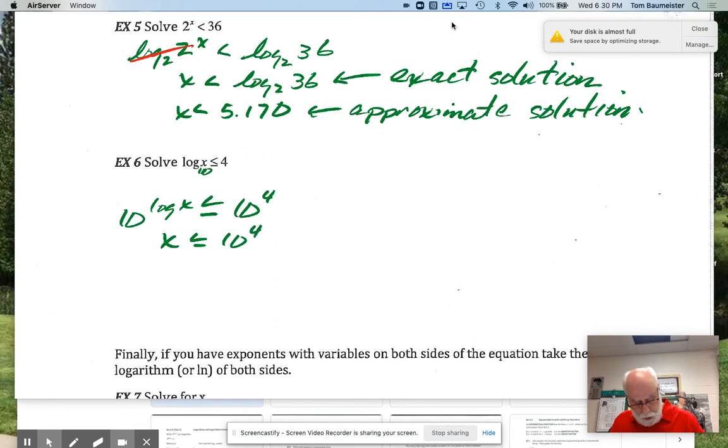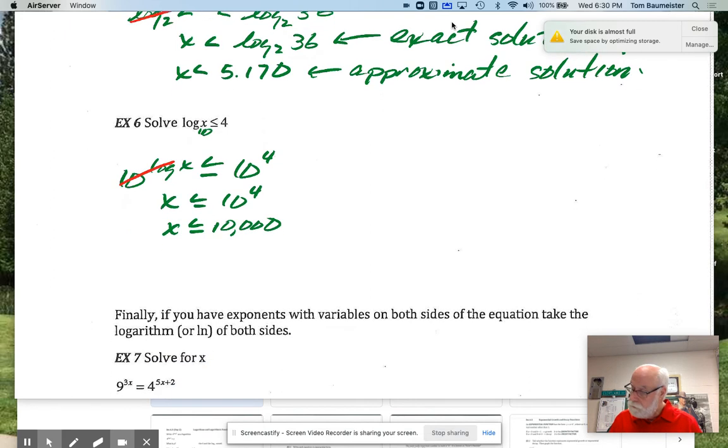Because again, just one more time, this was a definition earlier, so the 10 and the log base 10 cancel each other. And then we'll have that 10 to the fourth is a 1 with 4 zeros. So remember on this one here, and let me again put it in a different color.